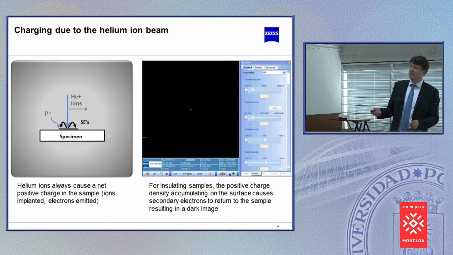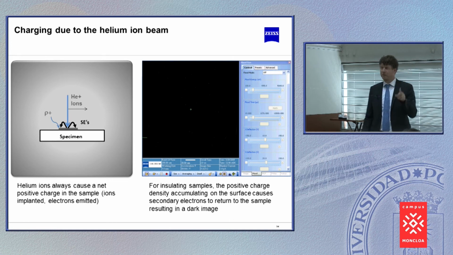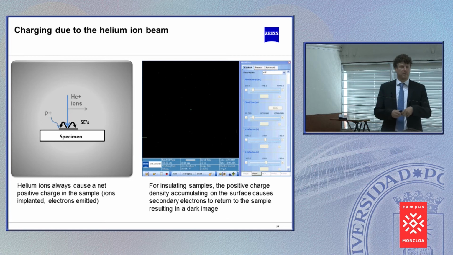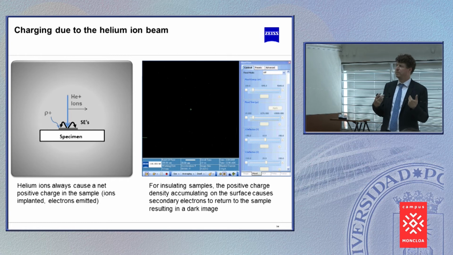So that means after a while, your sample is, sorry, it's positively charged. And therefore the electrons cannot go out of the sample, so they will fly back. After a while, every image will be black, because there are no electrons coming from the sample.